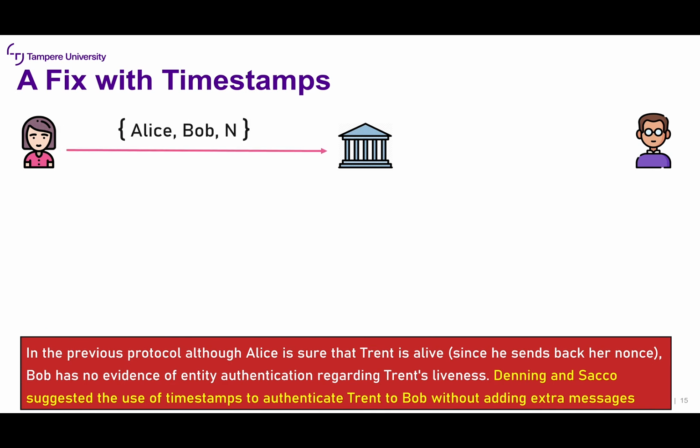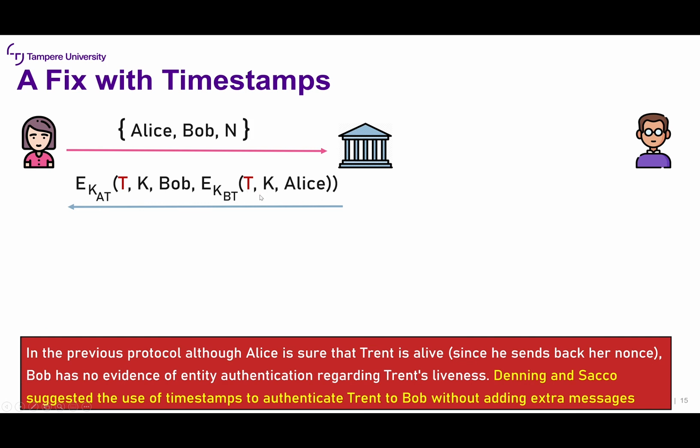So Alice is communicating with Trent, saying, "Hi, I'm Alice. I would like to communicate with Bob. Here is a nonce." Now, Trent would reply back to Alice by saying, "Okay, here's an encrypted version of a message," where the entire message is encrypted with KAT, and now it contains a timestamp, the secret session key K, Bob's identity, and the last part which goes to Bob because it's encrypted with KBT.